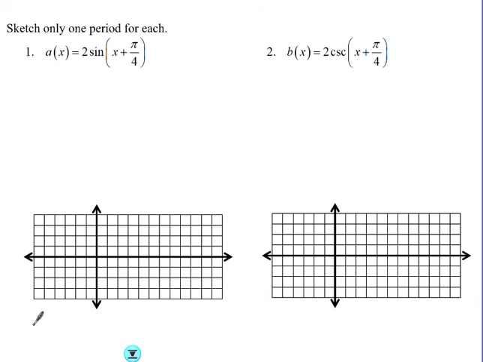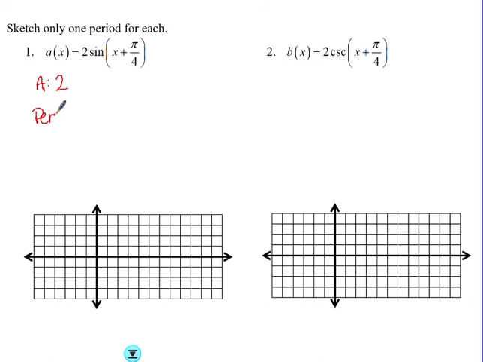So let's take a look at our first example. We have a of x equals 2 sine of x plus pi over 4. Now I realize that this is a sine function and that's not what we're talking about today, but I need to show you something. So if we look here, our amplitude, we can say amplitude because this is a sine function, is 2.